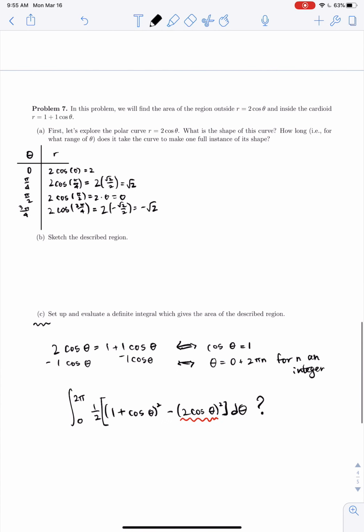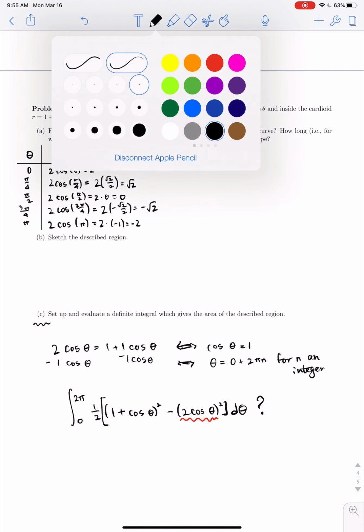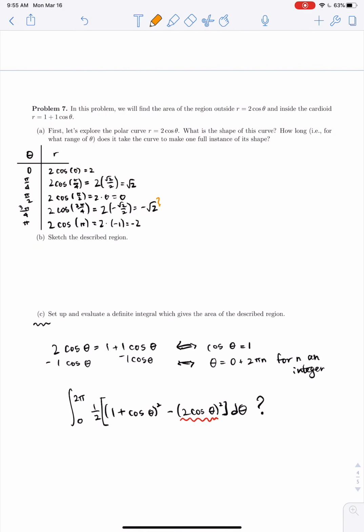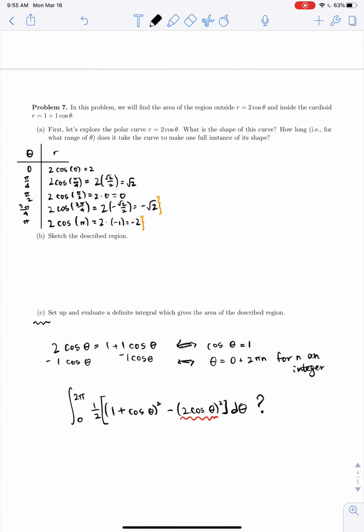And then at pi, this is kind of weird. At pi, we get 2 cosine of pi, which is 2 times negative 1, which is a negative 2. And remember that when you're graphing negative values for the radius, that requires you to reflect across the origin. So here's what I mean by that. Let's plot some of these points.